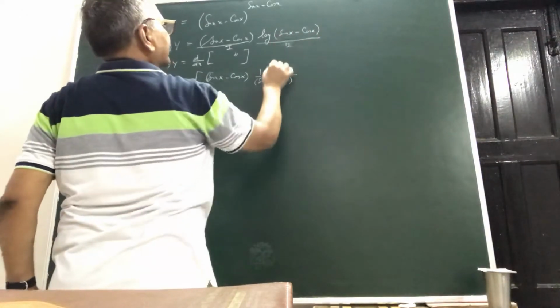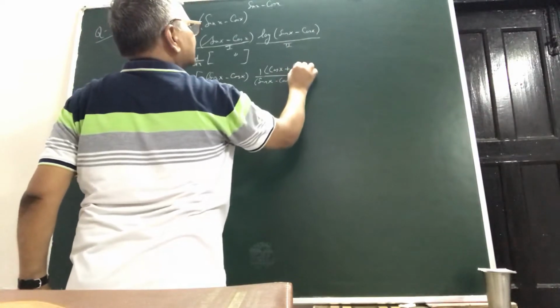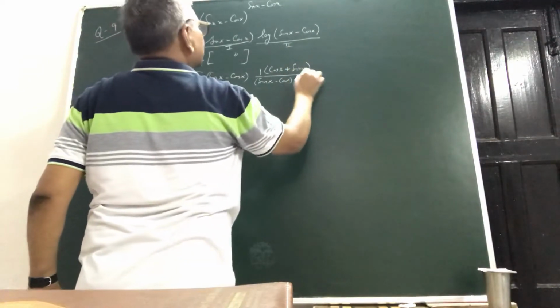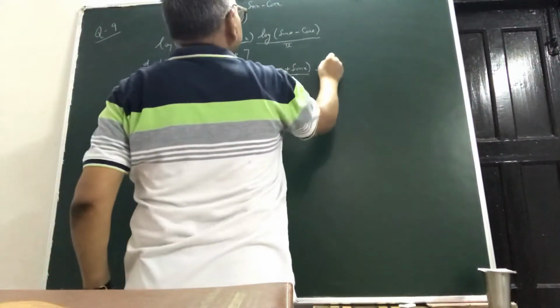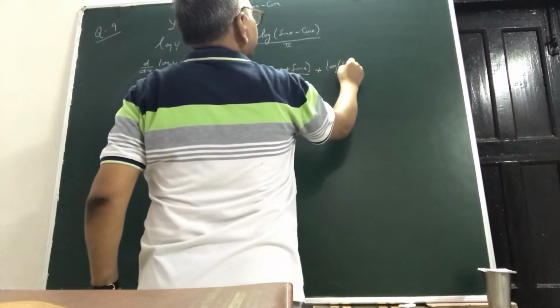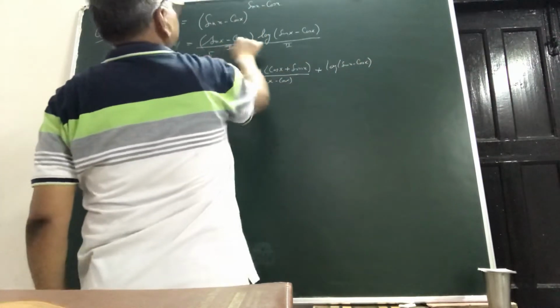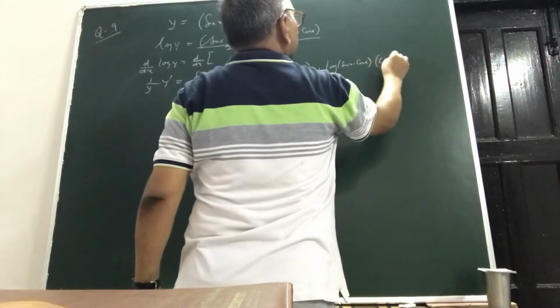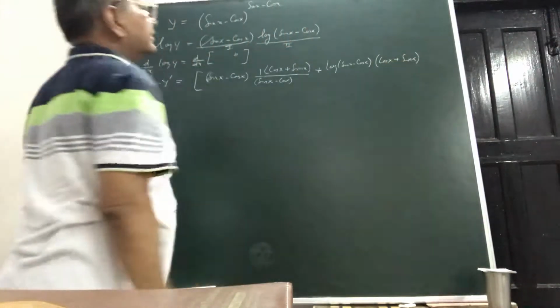The derivative of sin x is cos x, and this is plus sin x. So first function times derivative of second, plus second function, log sin x minus cos x, times derivative of first, which will fetch you cos x plus sin x. This much of thing you are getting.